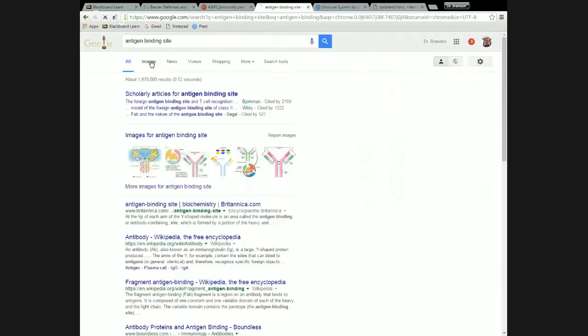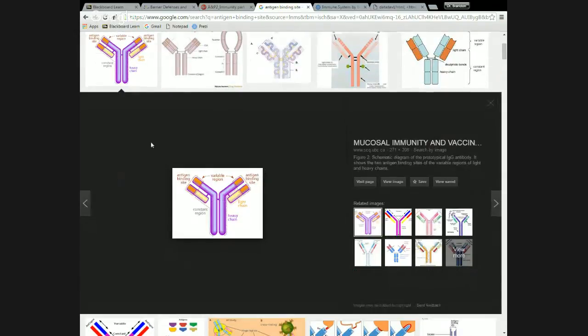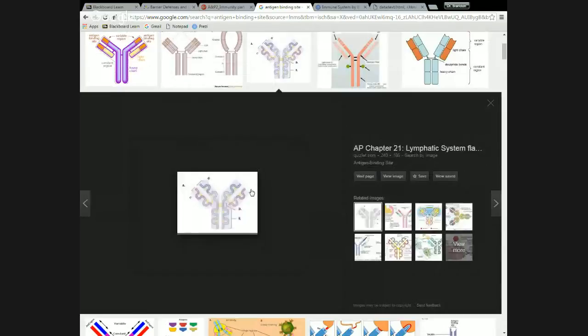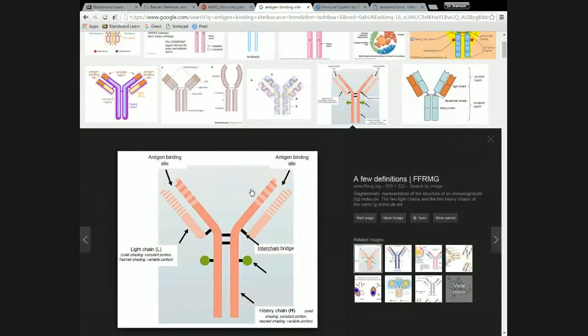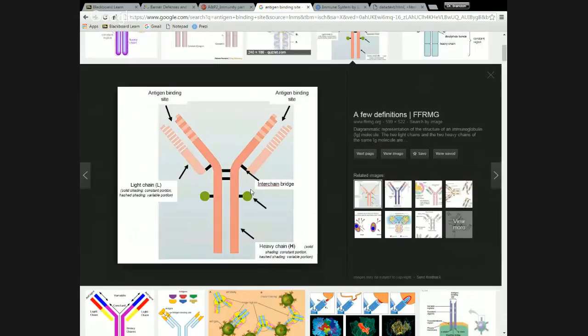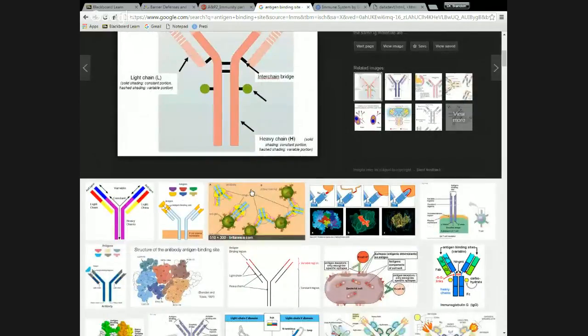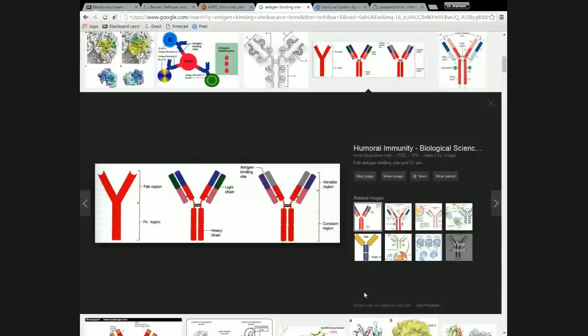So I just did a search on Google for antigen binding site, and I'm getting a whole bunch of images representing this. Okay, this will do.